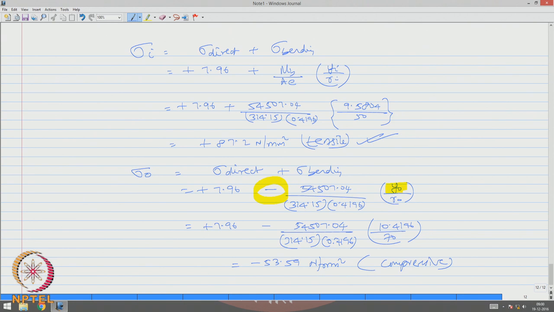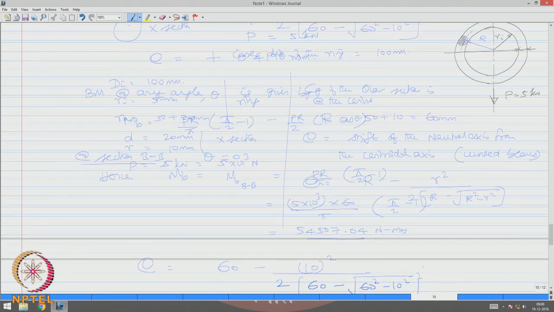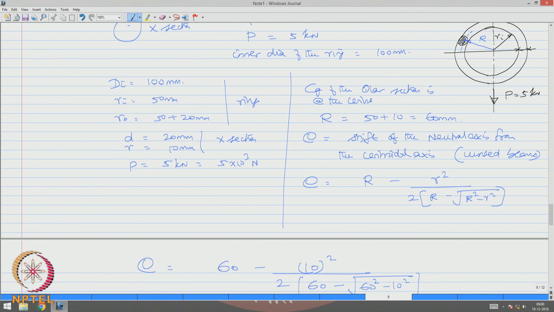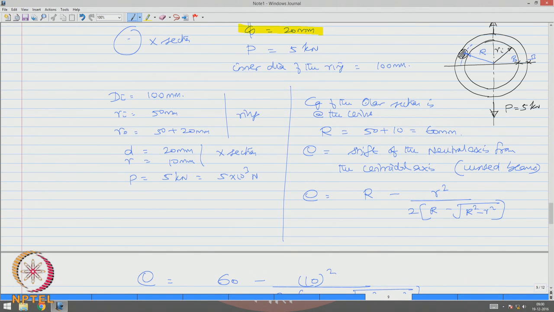I will give a small exercise. Go back to this figure. We have found out the stresses at the section BB. You can always find a similar section which is at some angle, let us say AA at 45 degrees.